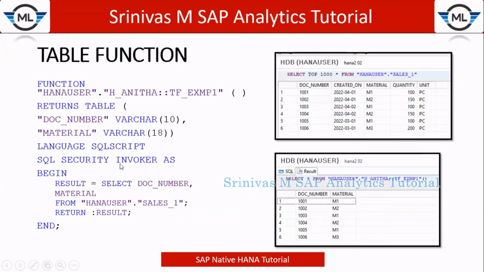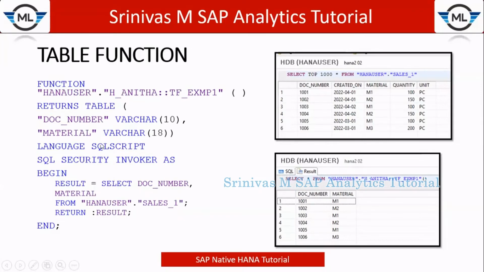What is the difference between a procedure and a table function? That is important, because in a procedure also we write our own SQL statements to generate a desired output, or to update database tables. But the difference is that in a procedure you can update database tables.